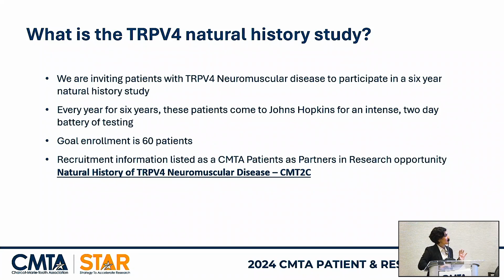We're asking these patients to come to us every year for 6 years for an intense 2-day battery of testing. And our goal enrollment is 60 patients. And so far we've enrolled 12 patients. And if you're interested, recruitment information about this study is actually listed on the CMTA's website as a patients as partners in research opportunity.